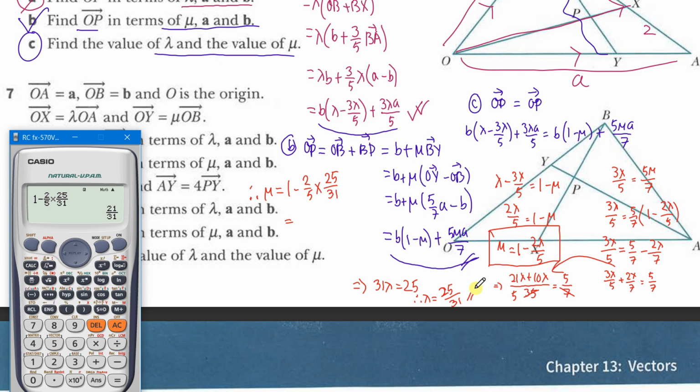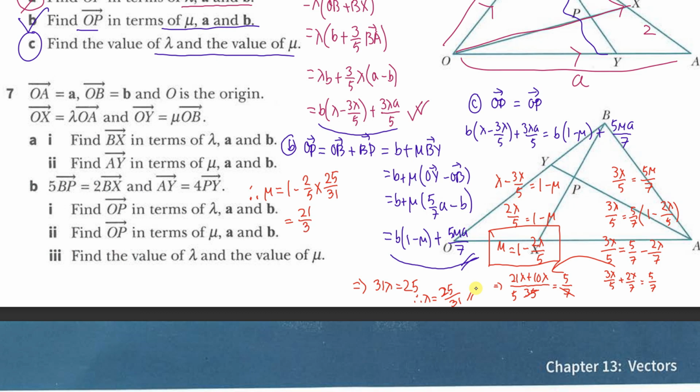The previous one was 25 by 31. This is 21 by 31. So we got mu 21 by 31 and lambda 25 by 31.